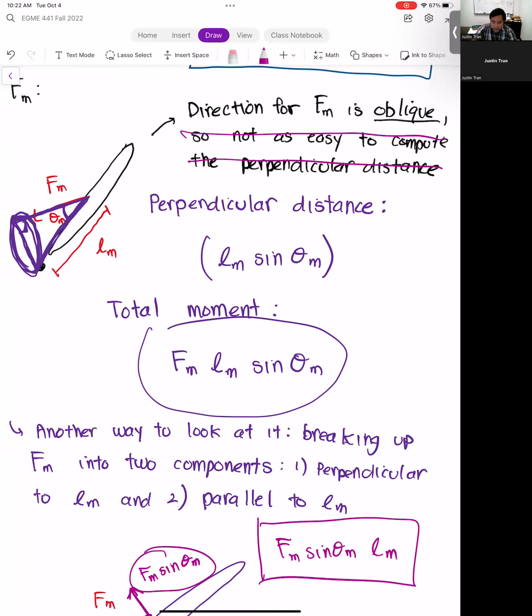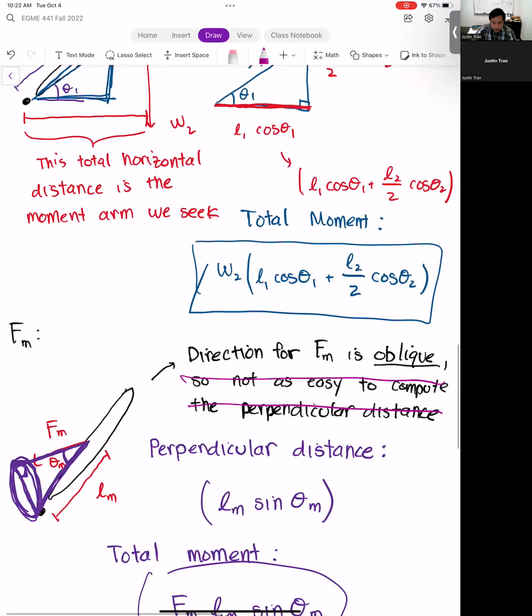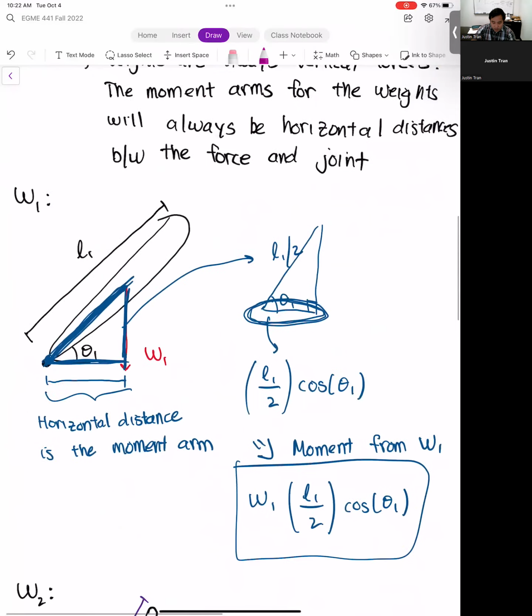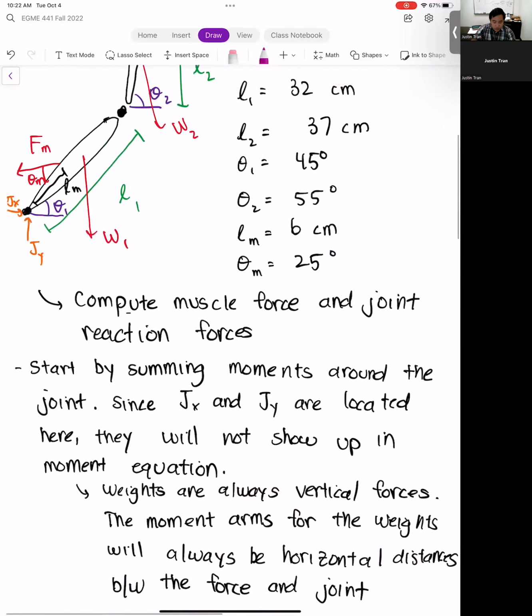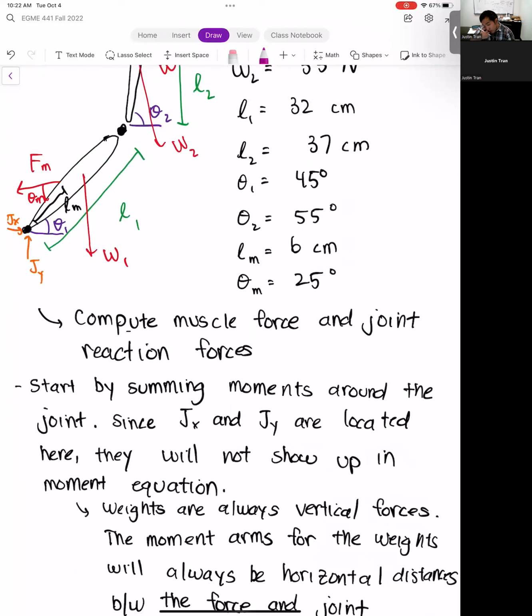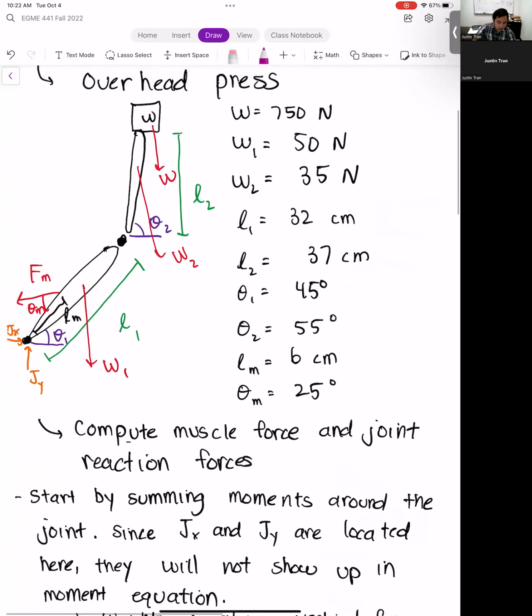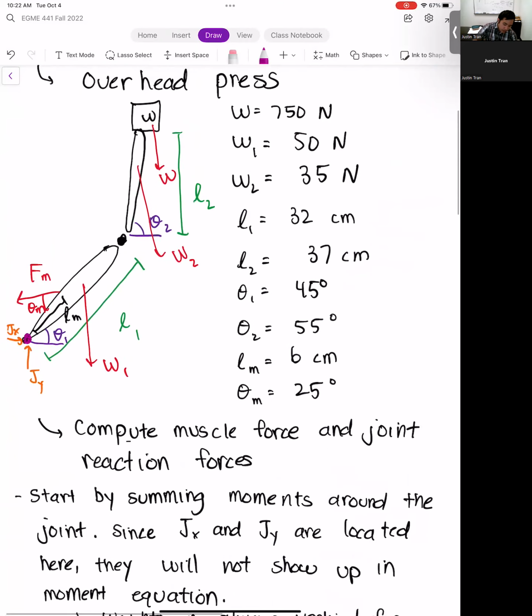Okay, and so of course the last thing that we need here is determining the sign of these moments. Okay? And so we're going to use the same convention as we did before, and so we're going to use a positive sign for counterclockwise moments, and then a negative sign for clockwise moments. Okay, and so relative to the joint right here, we can see that FM, if we trace this around, is going to have a counterclockwise moment because it's going in the opposite direction of a clock hand.